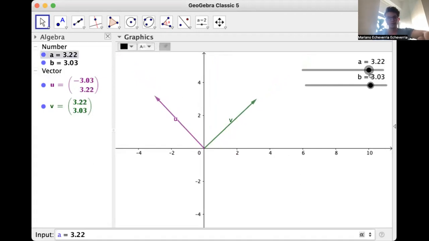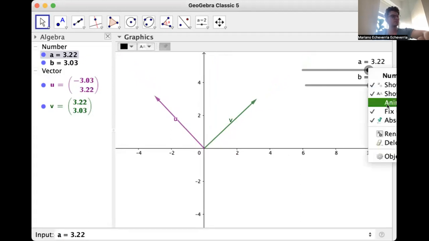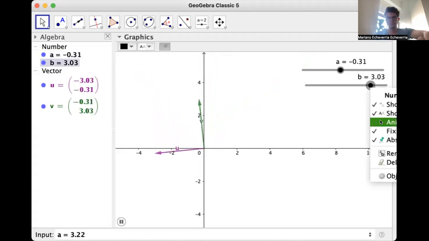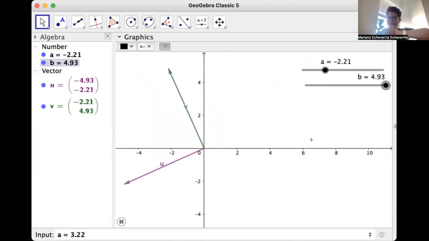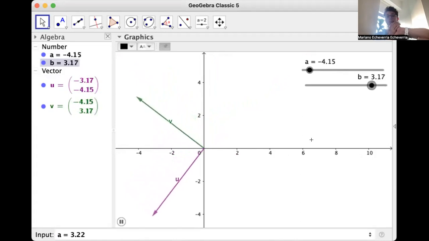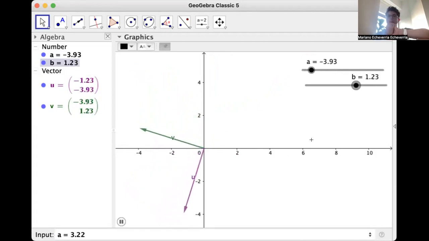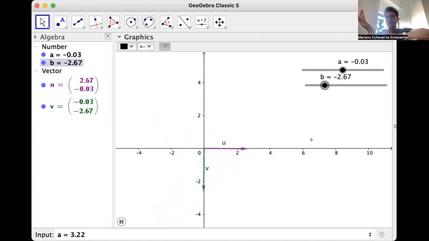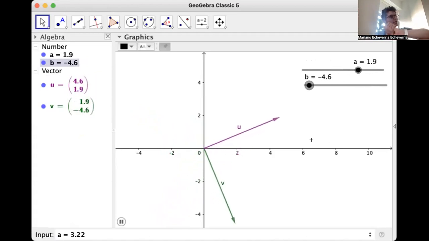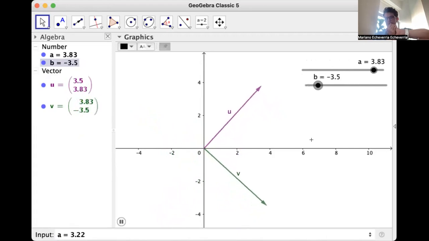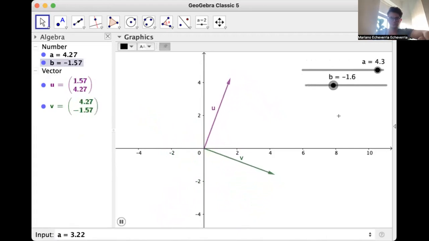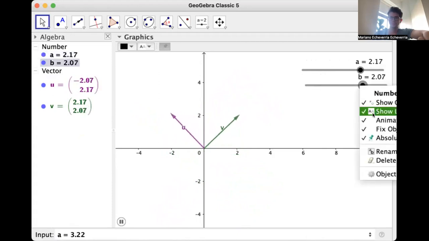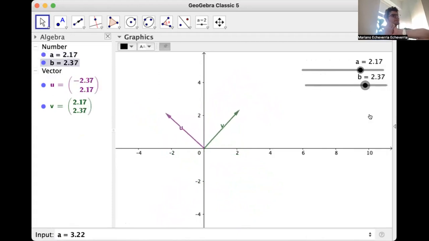And then you can still animate them. And you get that. But now it's at a 90-degree angle. And the idea of the rotation matrix is that for any angle of rotation that you want, you can do the same thing, basically. Is that making sense? Are there any questions about this?